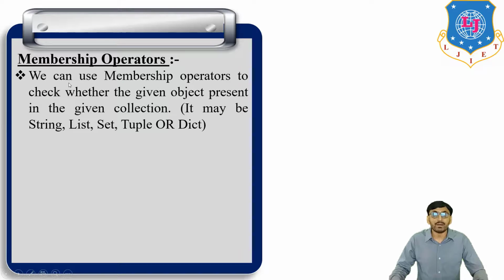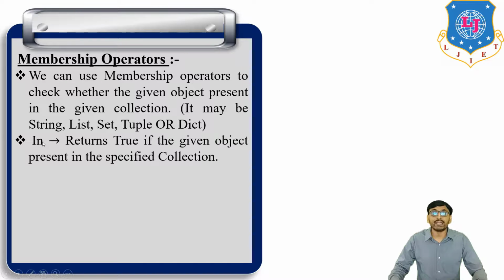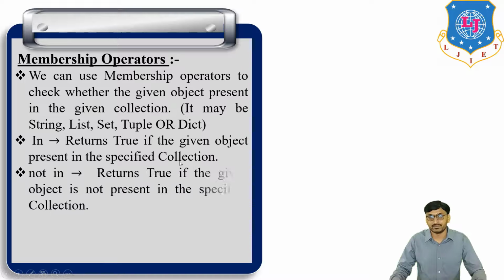Then membership operators. We can use membership operators to check whether the given object is present in a given collection. In a collection, it may be a string, list, set, tuple or dictionary. So in means it returns true if the given object is present in the specified collection.